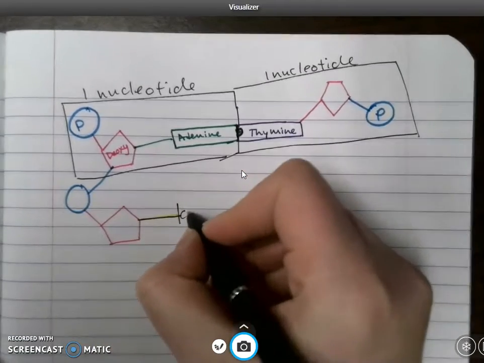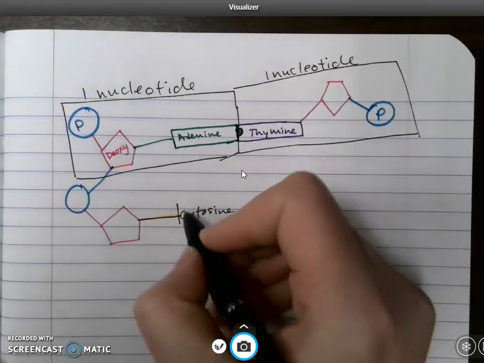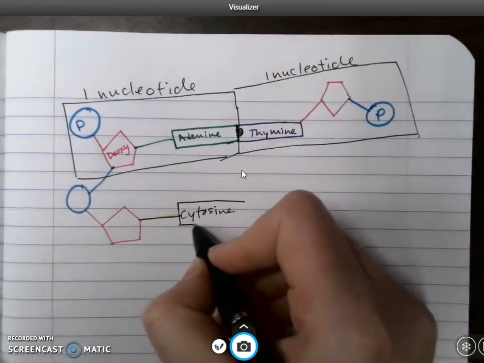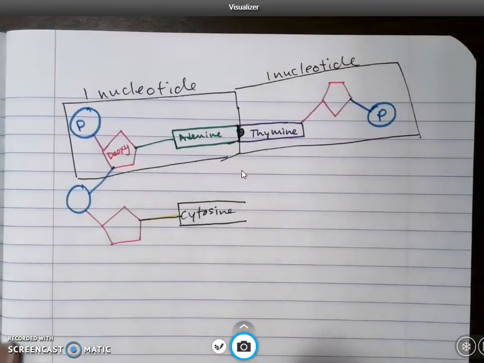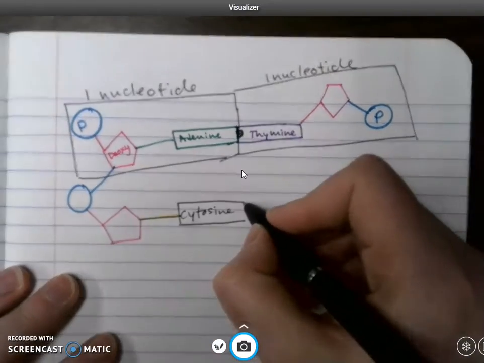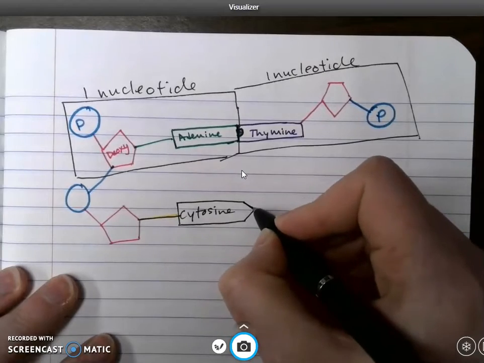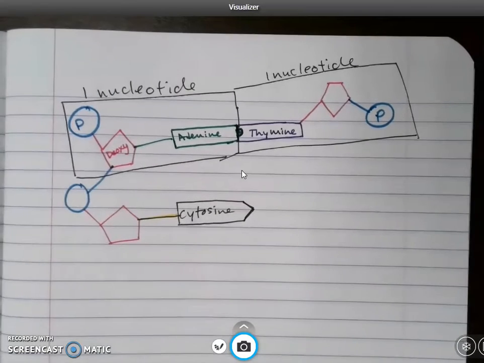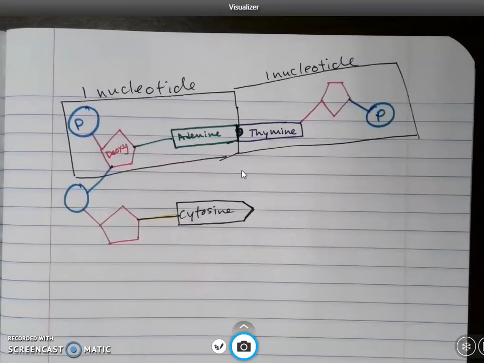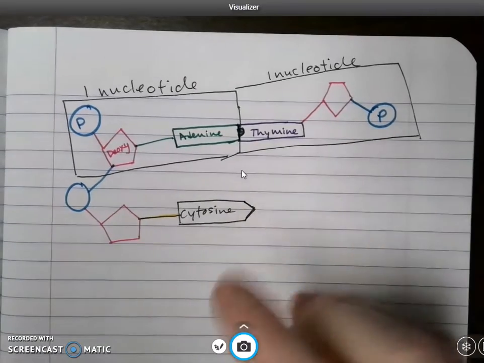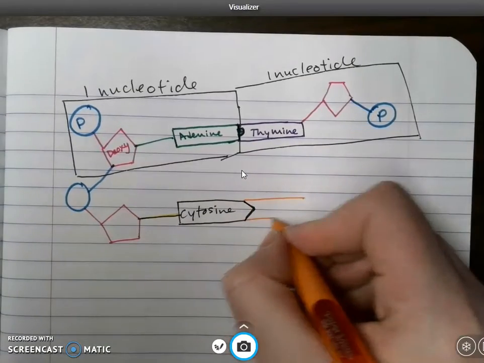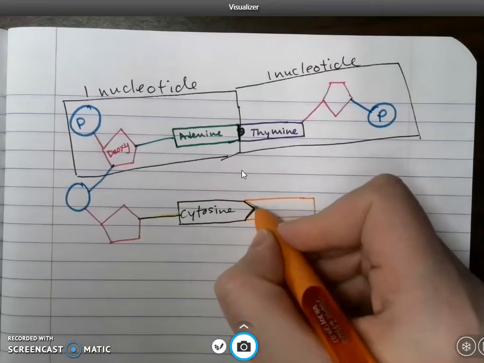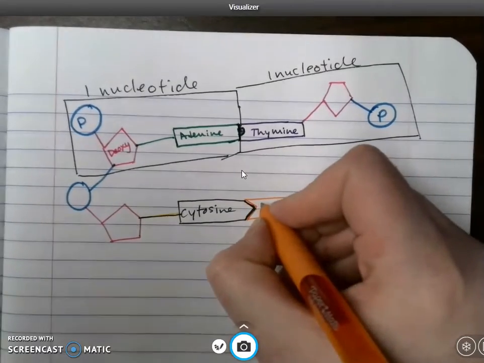Cytosine has a different shape from the adenine and the thymine, so that it can only bond with guanine. So I'm going to make it kind of pointy. Guanine is going to be orange, and notice that it fits with cytosine.